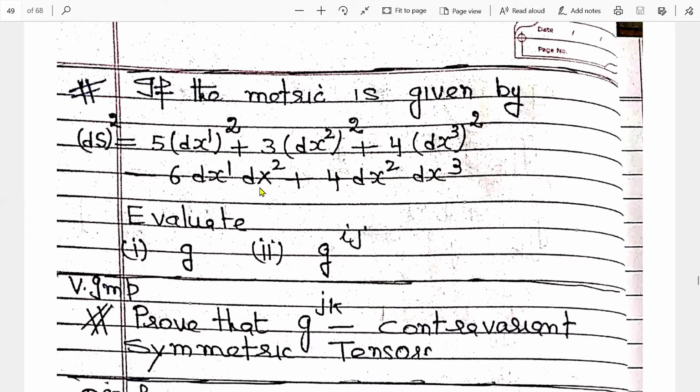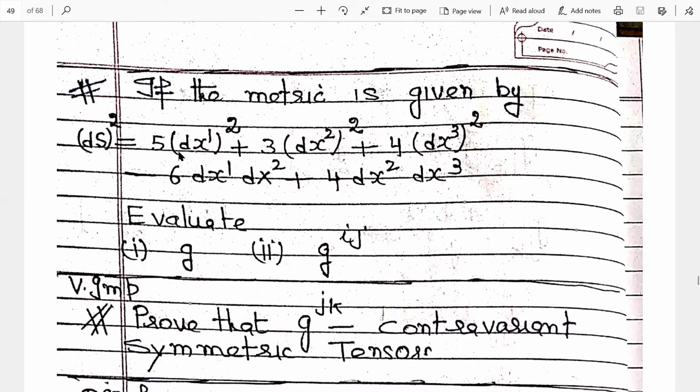So G12 is equal to minus 3, and similarly G21 is equal to minus 3, and the total sum is minus 6. So G12 and G21 are each equal to minus 3, which is half of this term. Similarly, in this case, G23 and G32 are again equal to 2, that is half of these values.